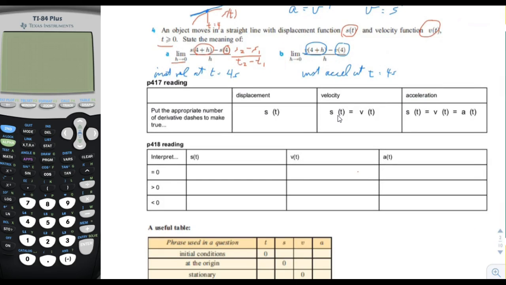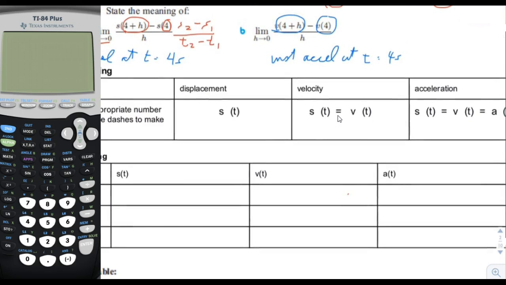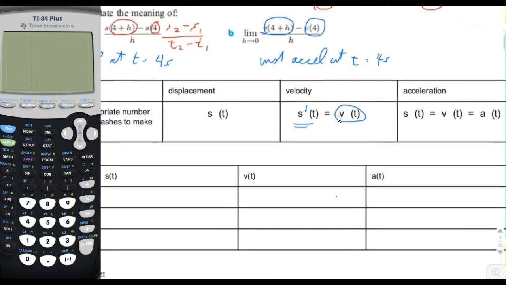Okay. Put the appropriate number of derivative dashes to make these true. Displacement is s of t. Velocity is v of t, but this is incorrect, right? Velocity is not equal to displacement. But if we put a dash there, the derivative of displacement is equal to velocity, and that's true.